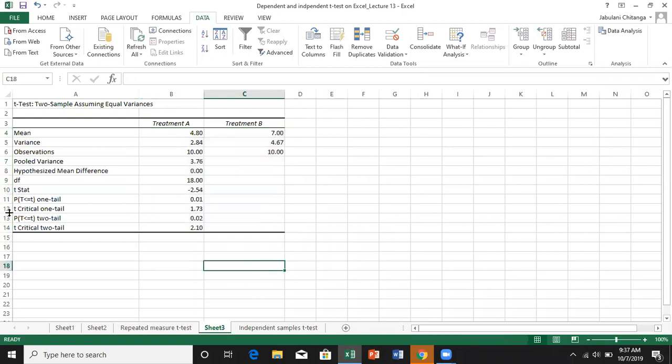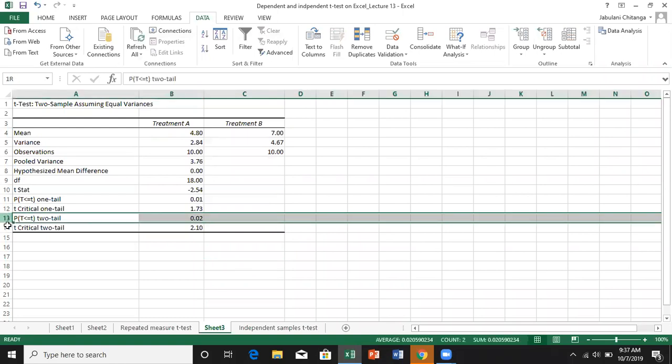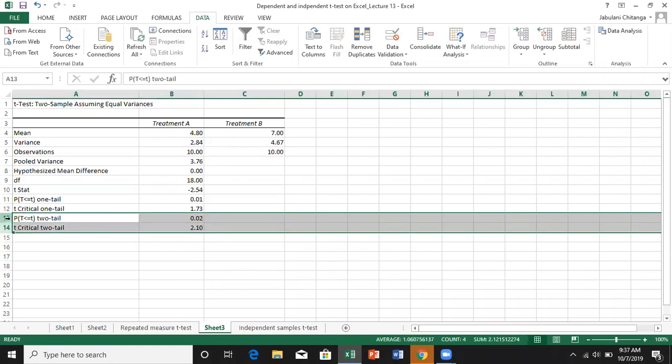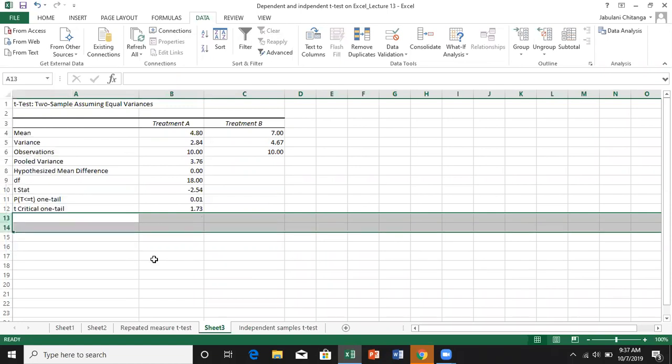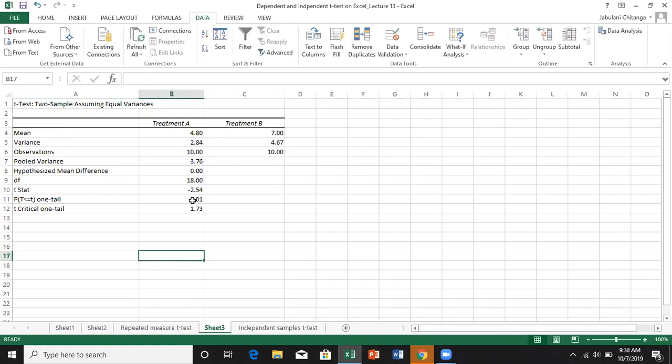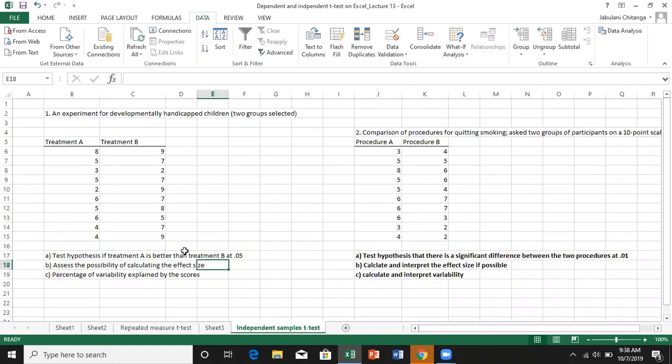So this is a 1-tail, and I don't want to be as crazy as them. So delete, because it's 1-tailed, and then you see that this is 0.01, and then we are testing at 0.05, meaning that there is a significant increase. What's the question again? Is treatment A significantly better than treatment B?